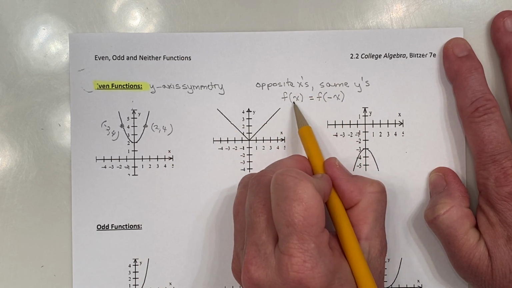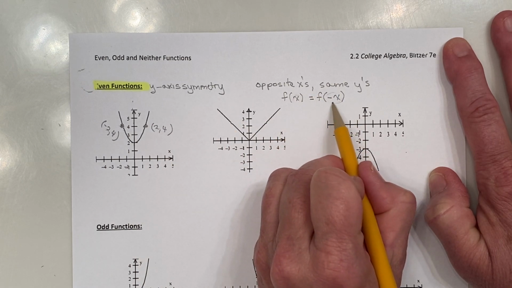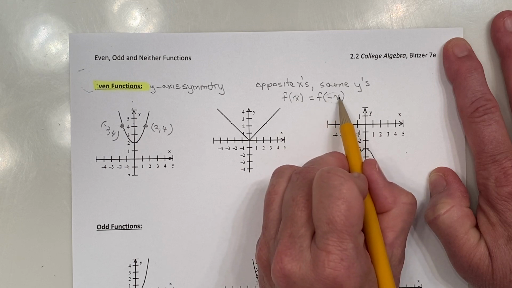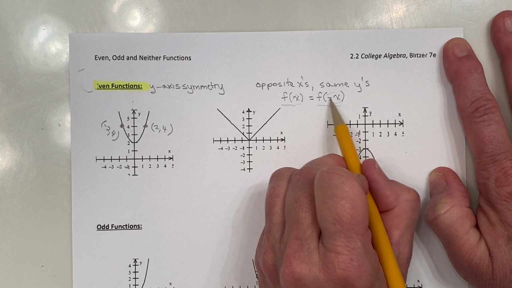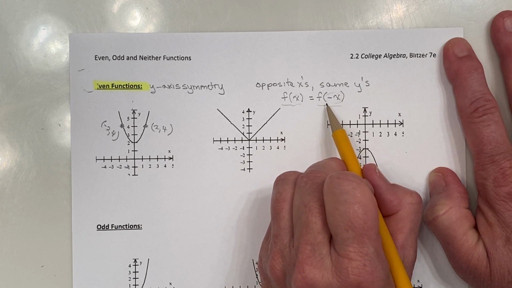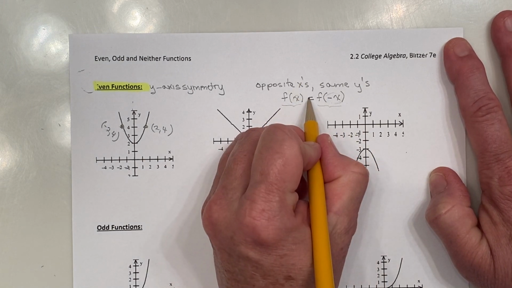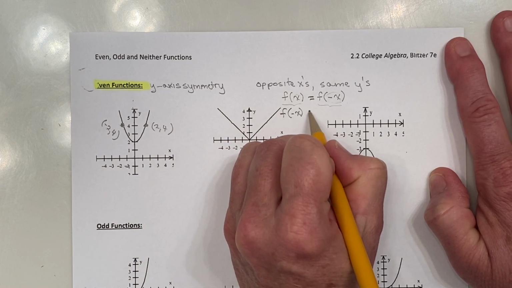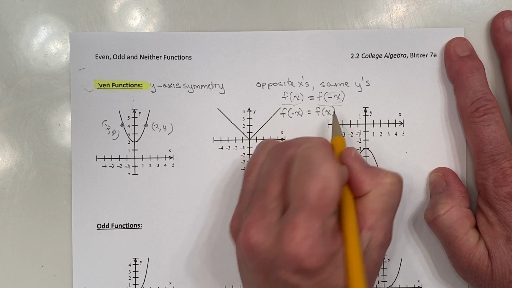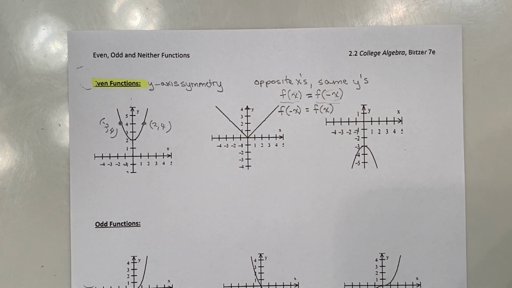When we look at this, the two x values are opposites, but the two y values, represented by the notation f(x) and f(-x), are equal to each other. Sometimes you might see f(-x) on the left-hand side of the equal sign and f(x) on the right-hand side.